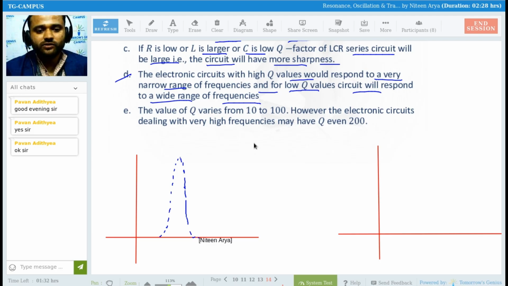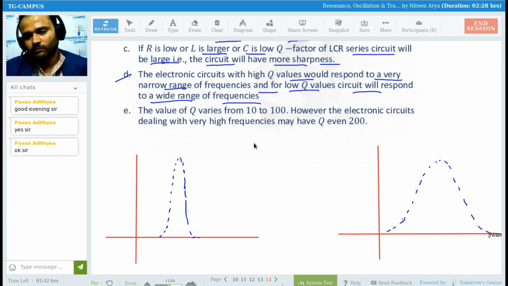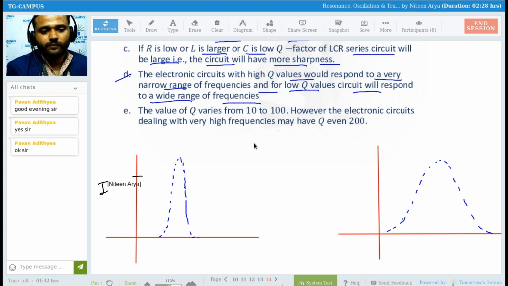This is your narrow range, because the range is narrow, and this is your wide range. This is I, this is frequency, this is I, and this is frequency.